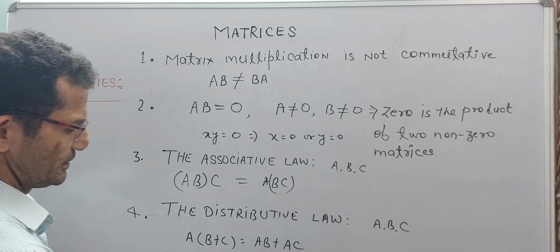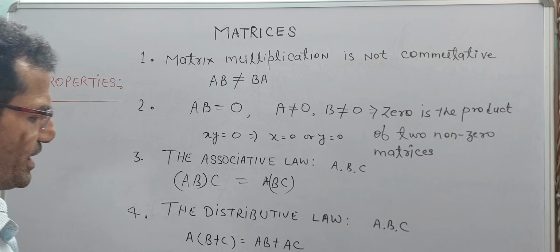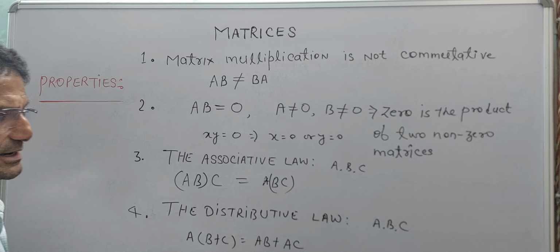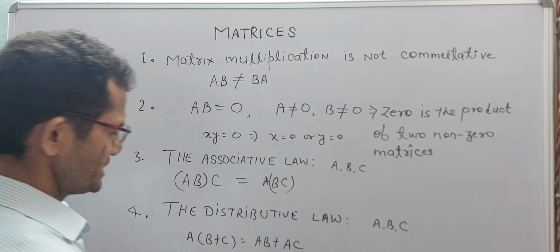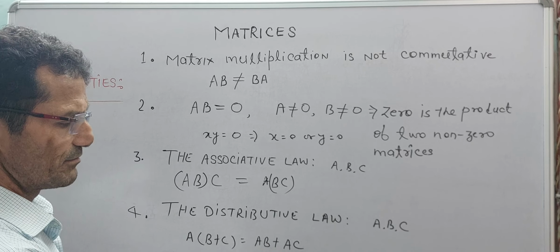This will be equal only if it is defined. The left hand side is defined, and the right hand side is also defined, because there is a multiplication of A and B, and A and C.